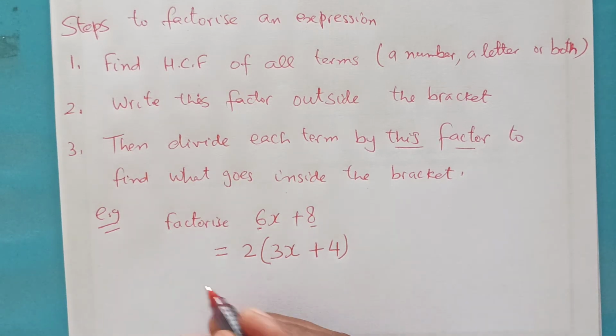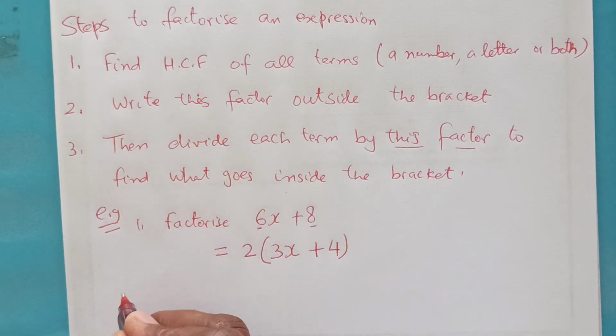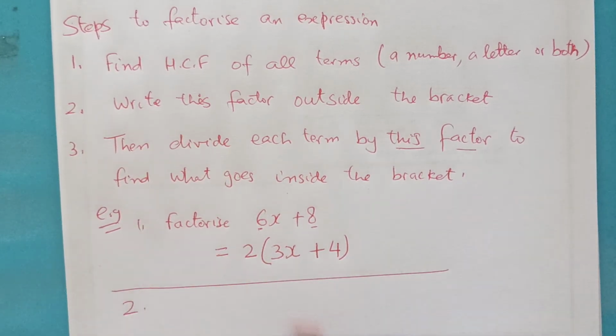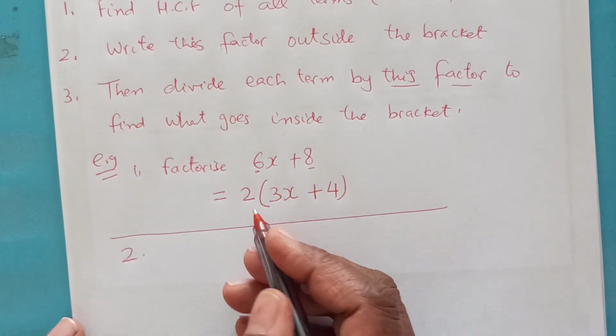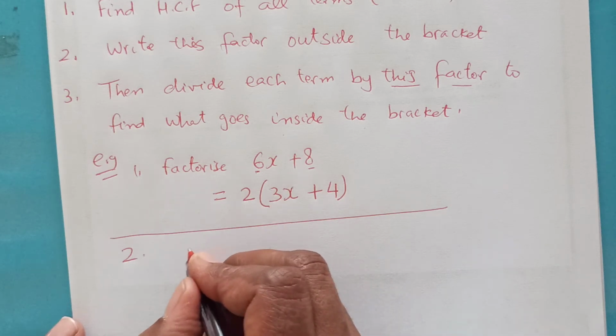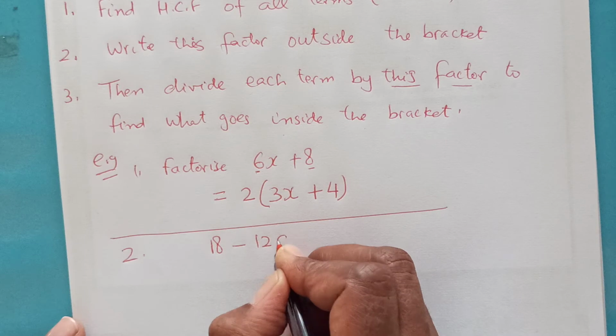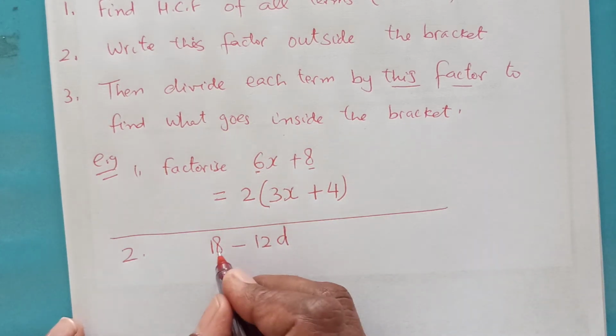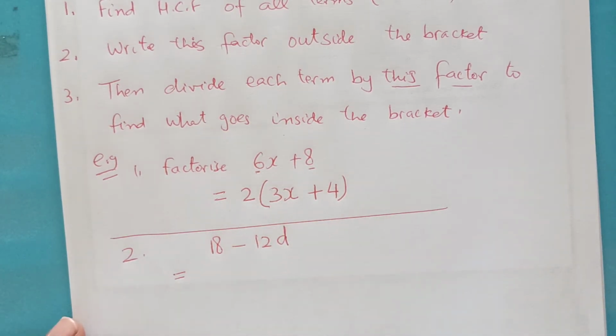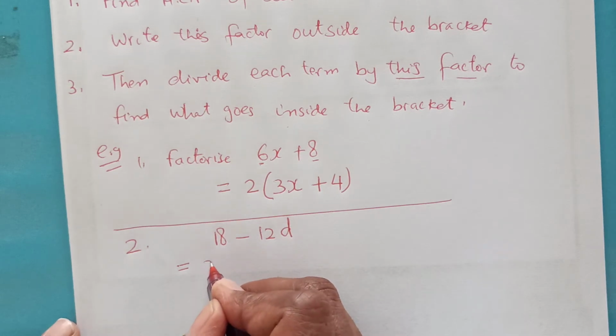Let's see another example. We have here 18 - 12d. Again these two numbers are divisible by 2, so we can take 2 outside.